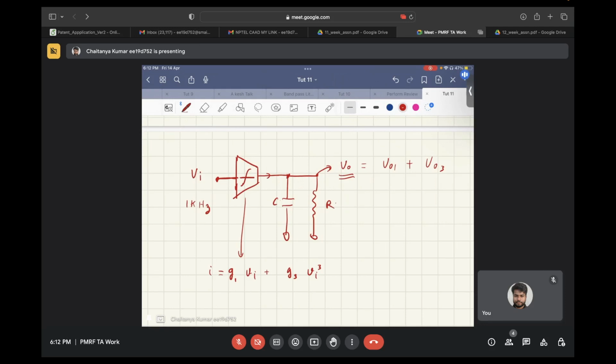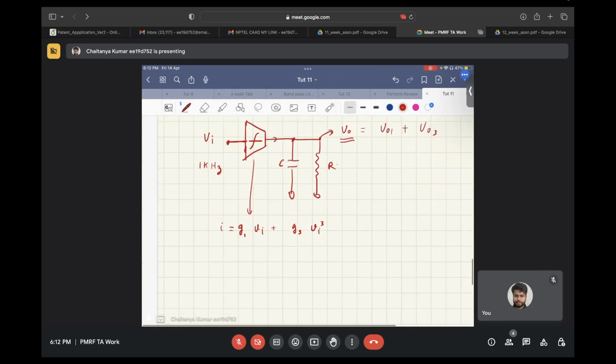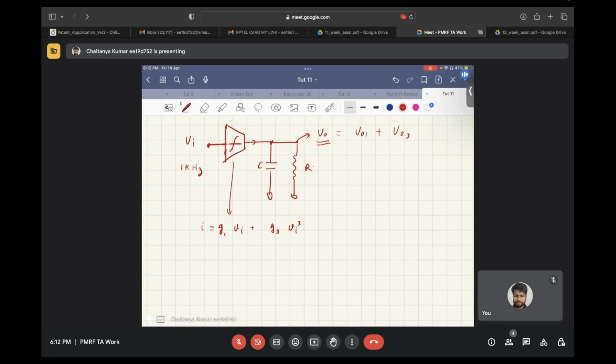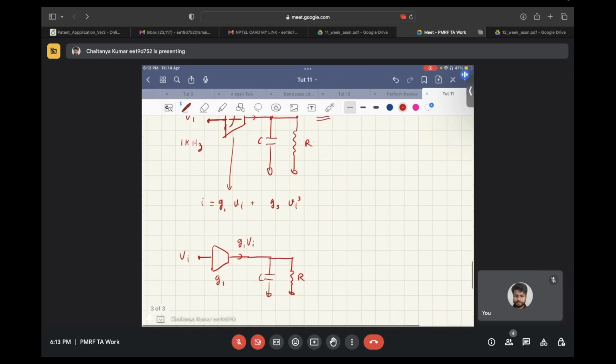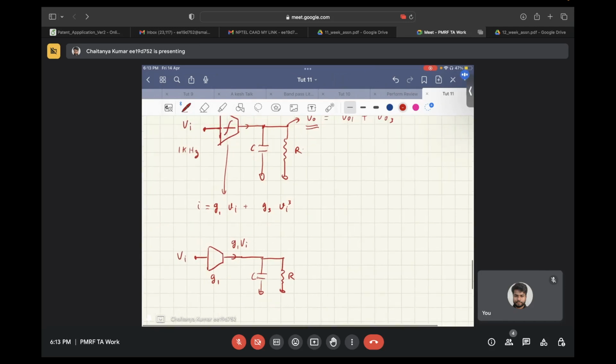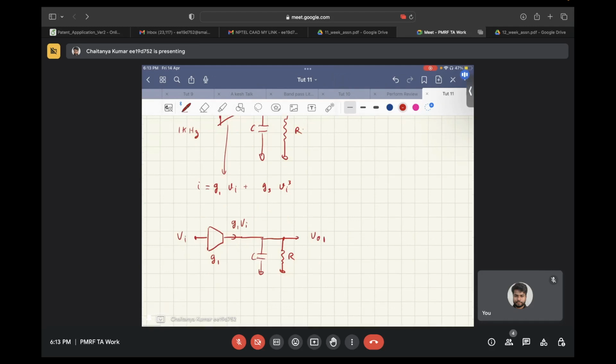Okay, so first of all, we will assume that this network is completely linear. If we assume so, here it will be G1, here it will be the input. The current that is flowing is G1 times Vi, and it goes to this RC network. Now we will find V01.